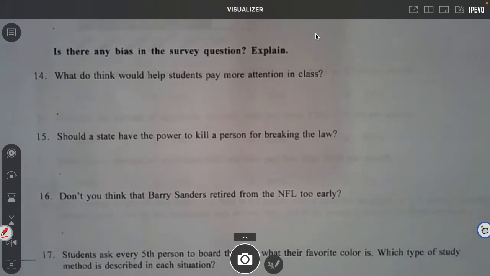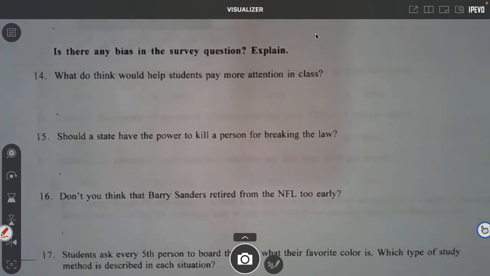It's like using very harsh language. Yeah, so it's a loaded question is what they called it. But look, you can put no, it has very harsh language. Like how loaded questions too. Number 16, because it says, don't you think? They call that a leading question. Number 16, there is bias. Yes. Slow down. Yeah, you are trying to answer the question. Okay, I'll slow down. Number 14, no bias.